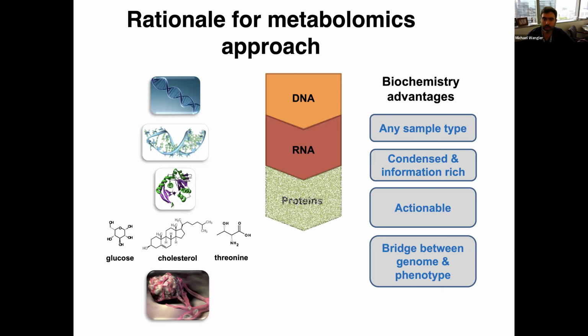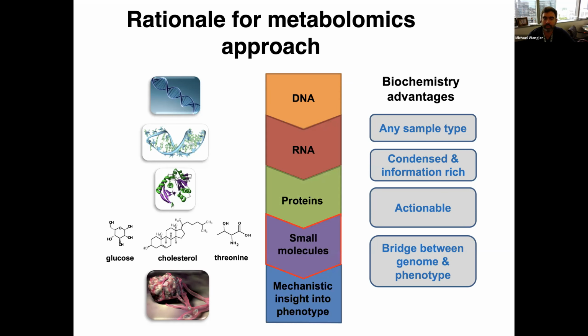So going from a person's genome to the RNA to proteins, what we focus on in metabolomics is the small molecules, in between what the proteins are doing and the insight into the phenotype.